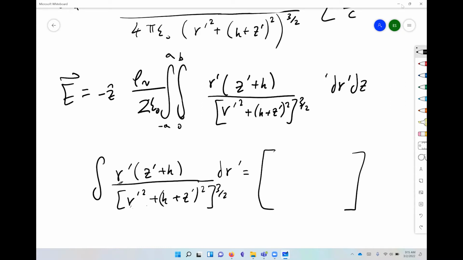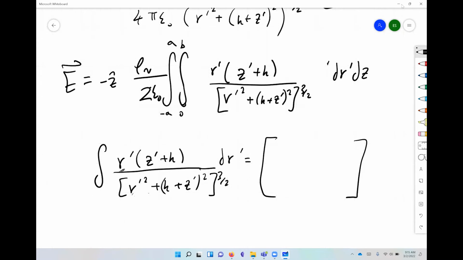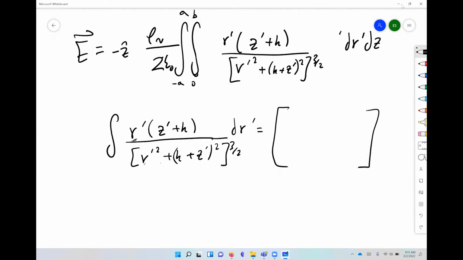This is what happens if you differentiate d over dx of x over the square root of x squared plus a.